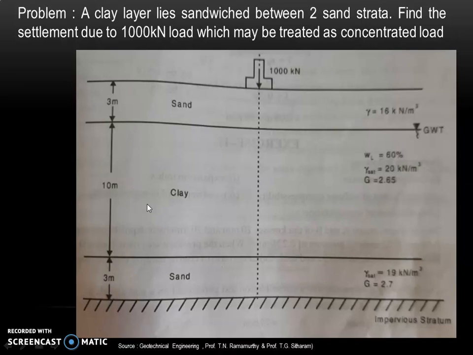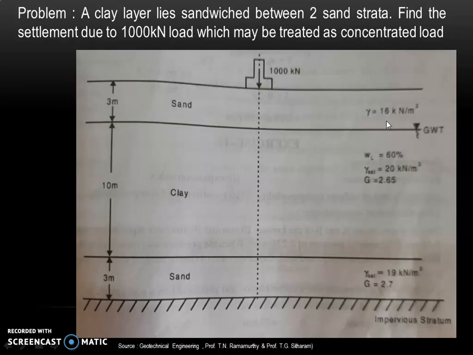We need to find out the settlement in the clay layer due to the load acting on top of the sand layer, which is because of the construction of the foundation, and the load exerted is 1000 kilonewton, taken as a concentrated load, that is, a point load.